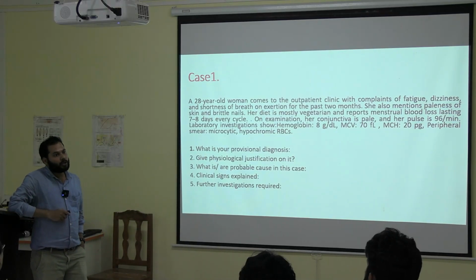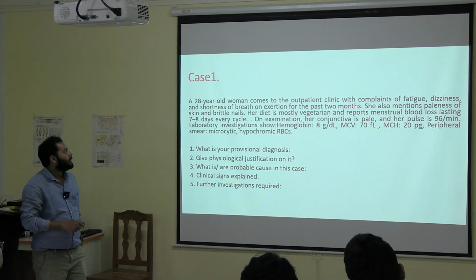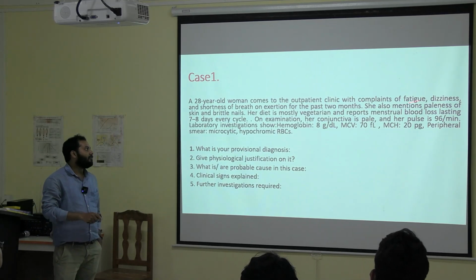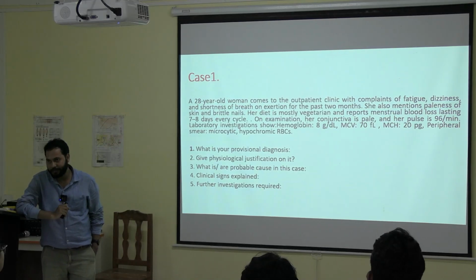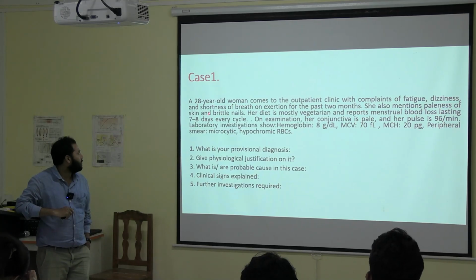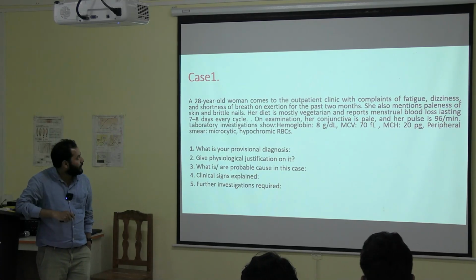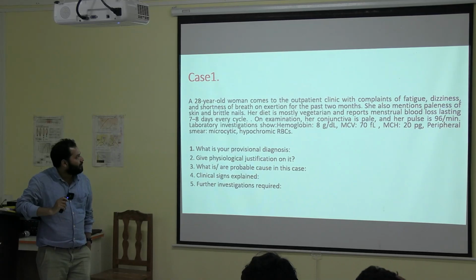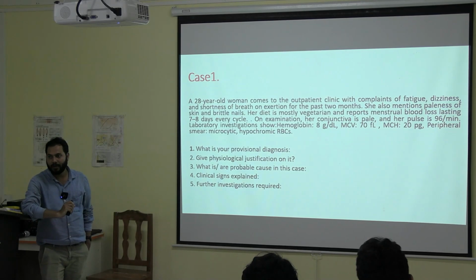So according to the case, the first line mentioned the complaining of fatigue, dizziness, and shortness of breath, right? In second part, it also shows some features like paleness of skin and brittleness. If you see the biochemical features, like the hemoglobin level is below normal.